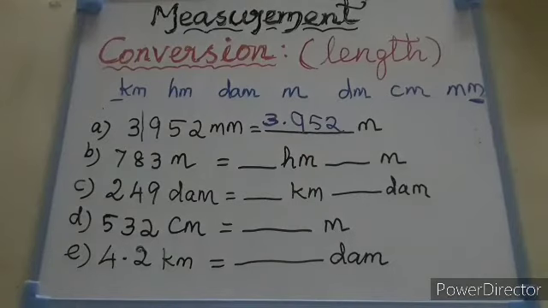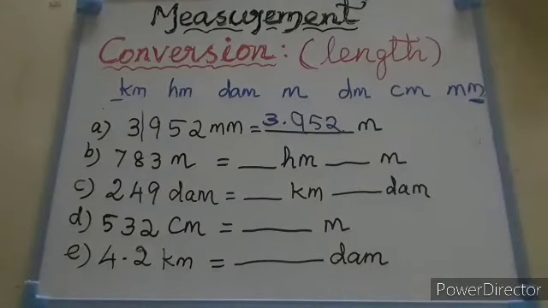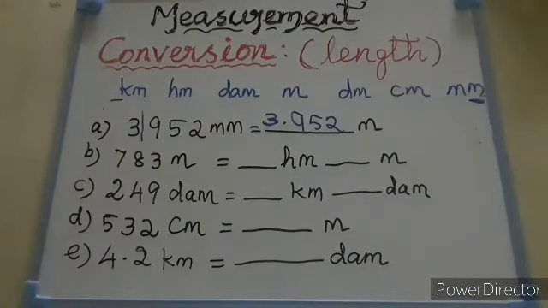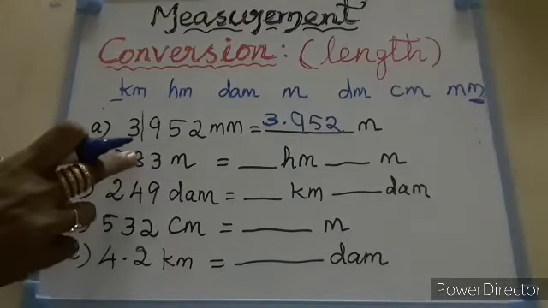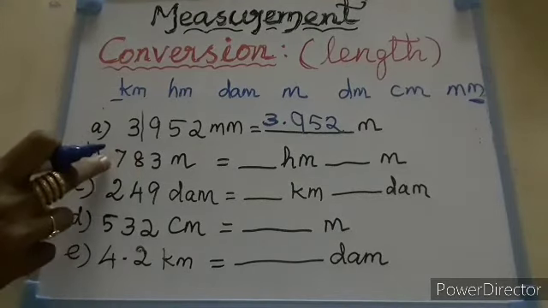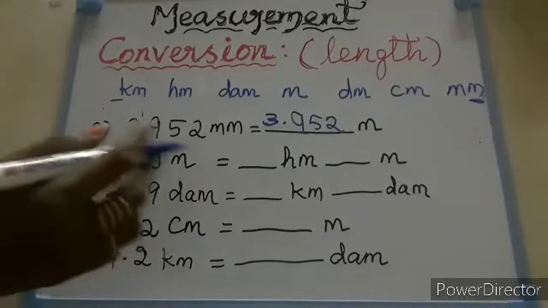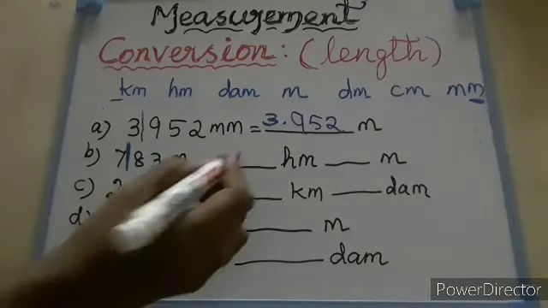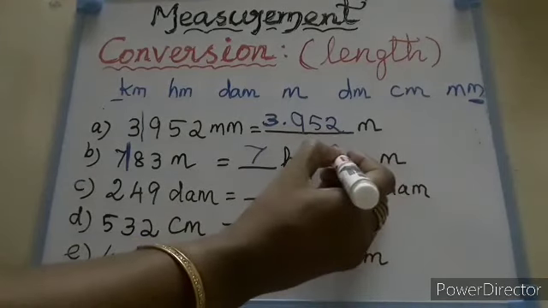The next one has 2 units, so you have to separate and write. This 3 belongs to meter, then 8 belongs to decameter, then 7 belongs to hectometer. So you draw the line near hectometer, that is 7 hectometer and 83 meters.